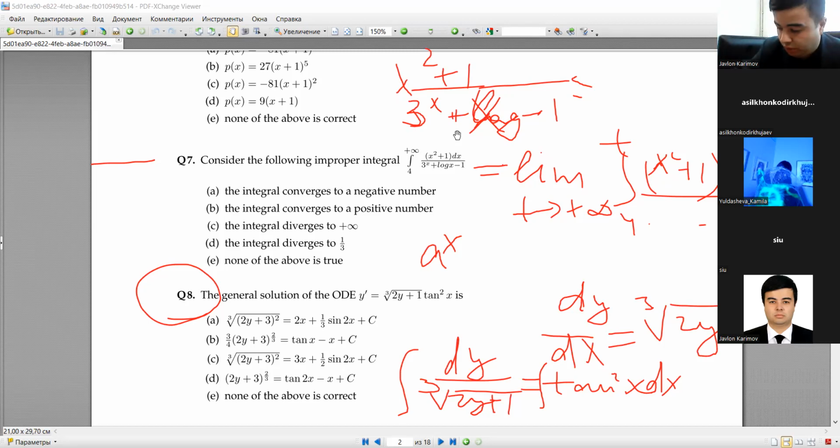That's why we can conclude that it converges to some positive value here, because it is from 4 to plus infinity. Okay, we will do it also at home. I will send the solution to the group, okay?